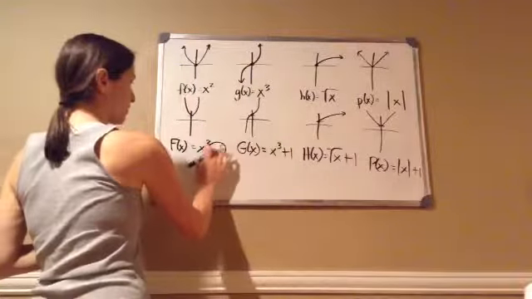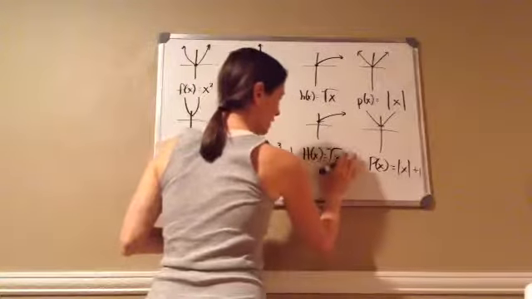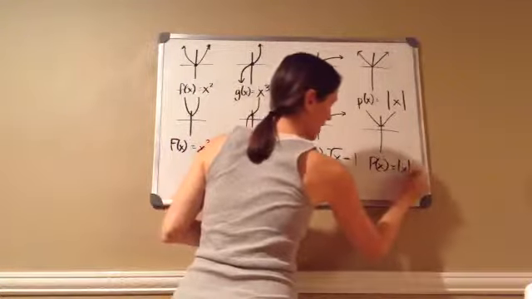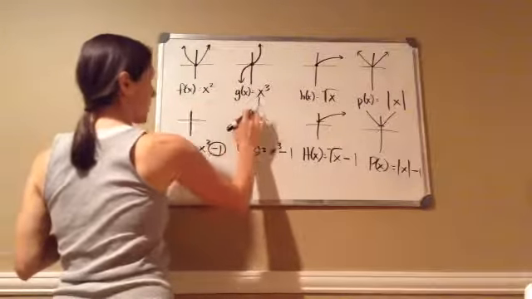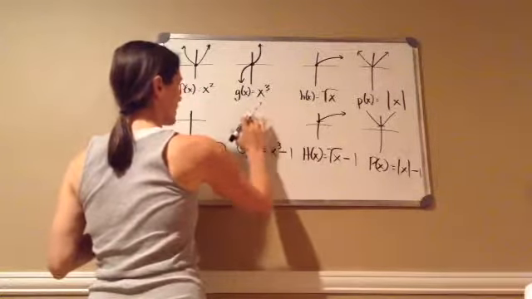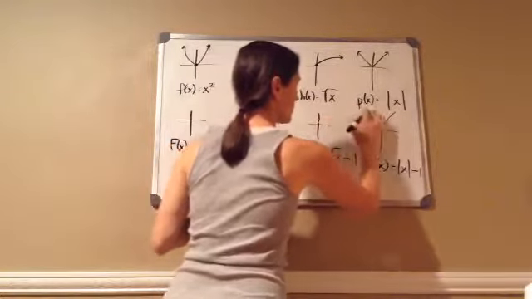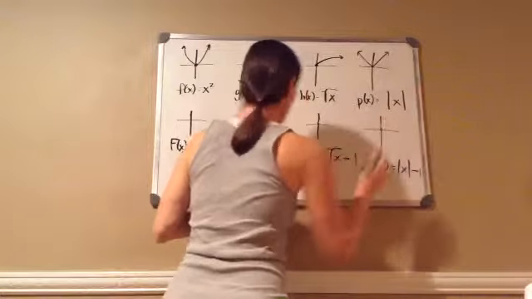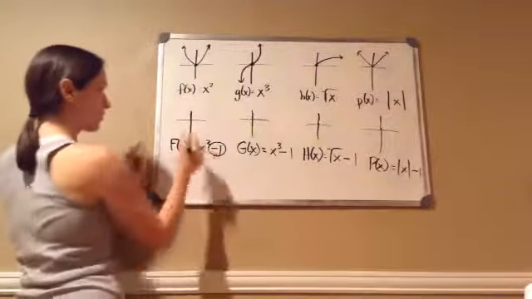But what if it was minus 1, and minus 1, and minus 1, and minus 1? What happens? What do you think will happen? Hopefully, let me go around to everybody's and I'll tell you what happens. Okay, so hopefully you guessed that when it's like this, we're going to go down 1.